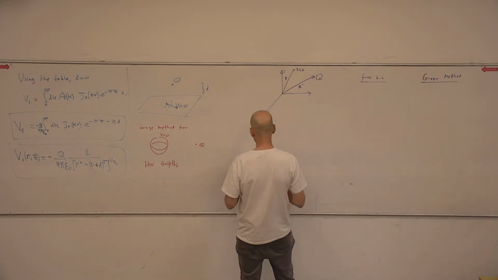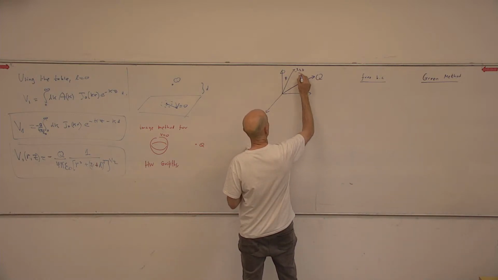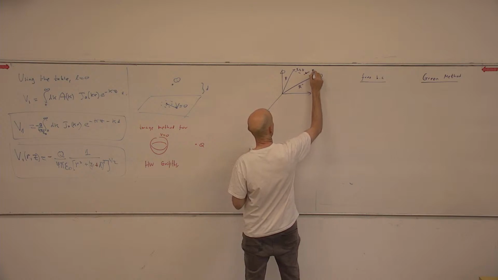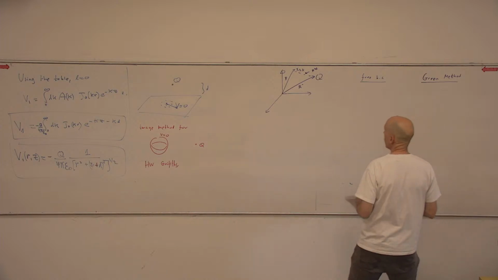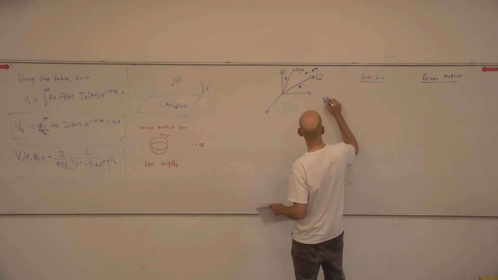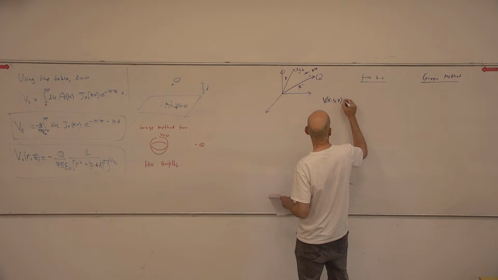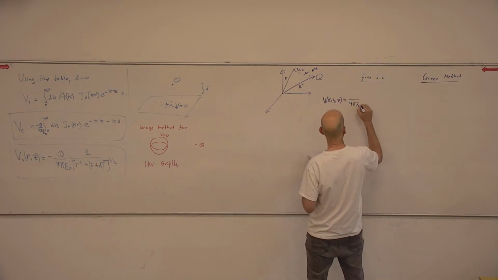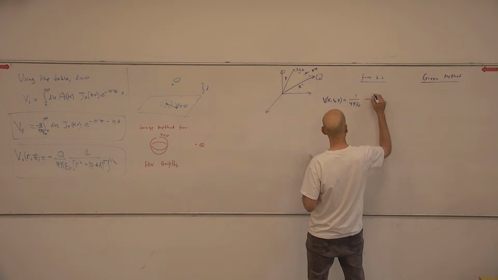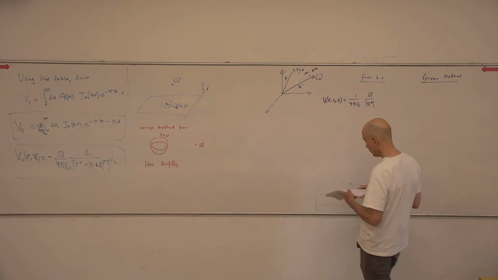And here I just want to define this distance R star. It's a vector. So, what is V of x, y, z? This is undergraduate, kindergarten. So this is Q over 4 pi epsilon 0 R star. This is just Coulomb's law.